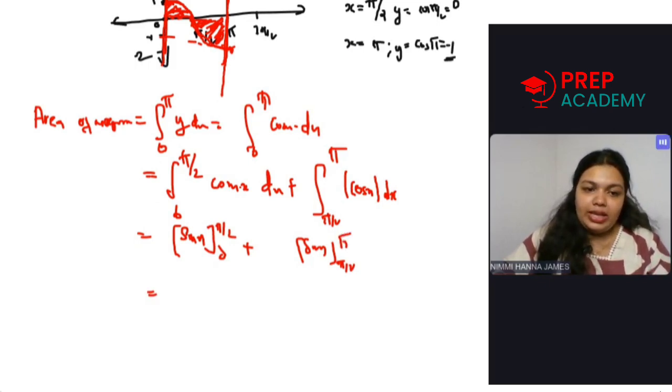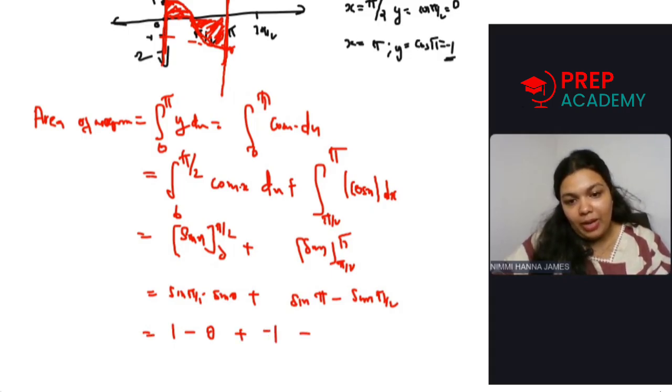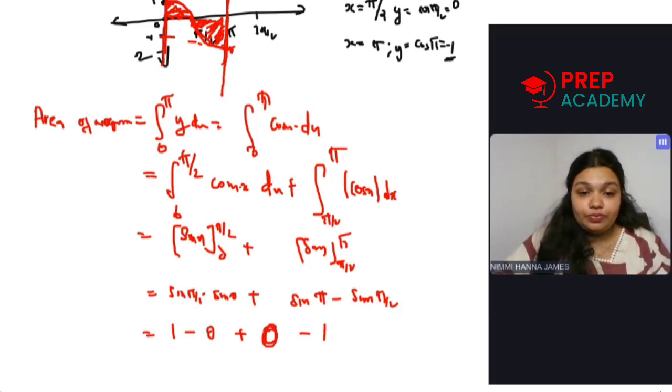So sin pi by 2 minus sin 0 plus sin pi minus sin pi by 2. So sin pi by 2 is 1, minus sin 0 is 0, plus sin pi is 0, minus sin pi by 2 is 1.